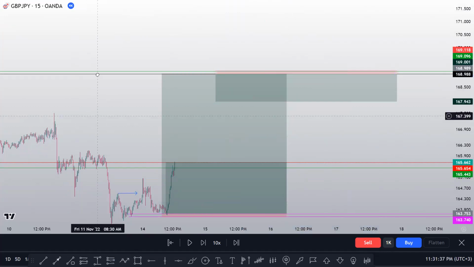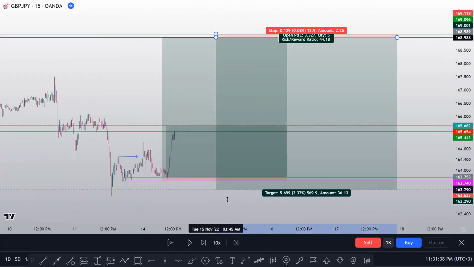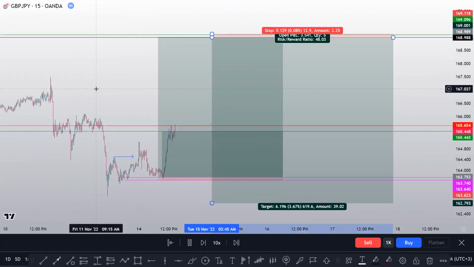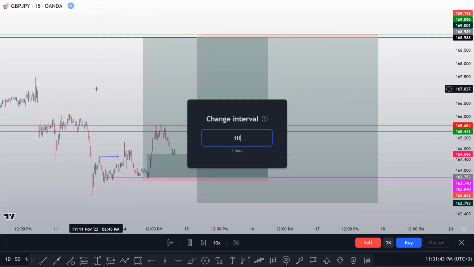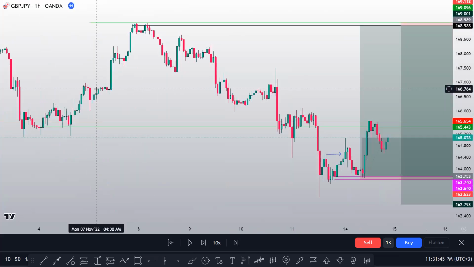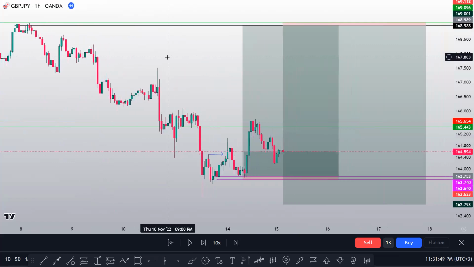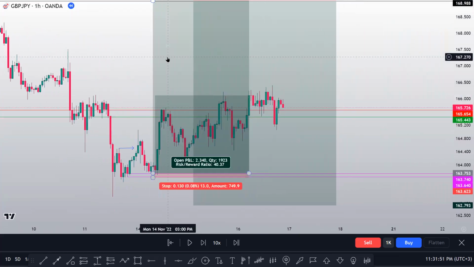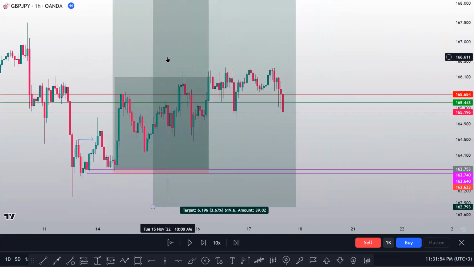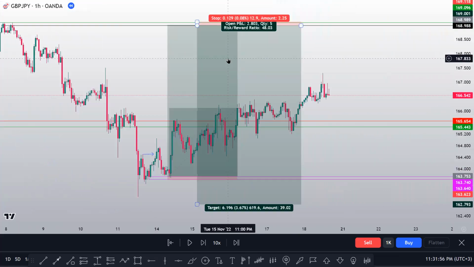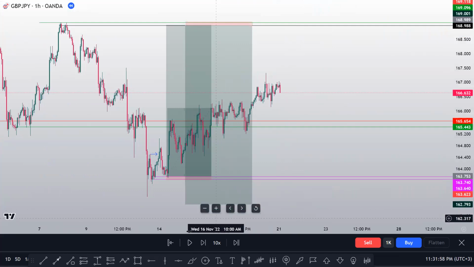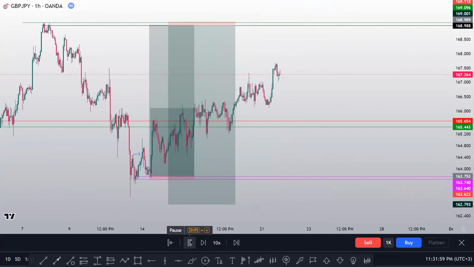So here the trade actually started to run on this 1 hour time frame. From the 15 minutes time frame, I tried to go to 1 hour so that I can speed up this simulation. The market later on rallied almost, as you can see, a lot of pips.